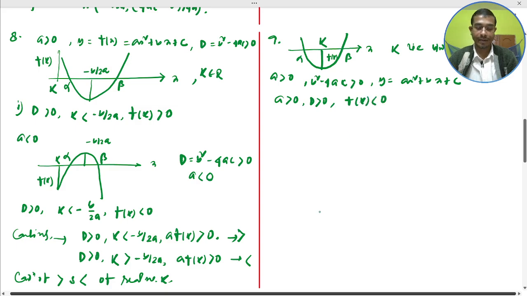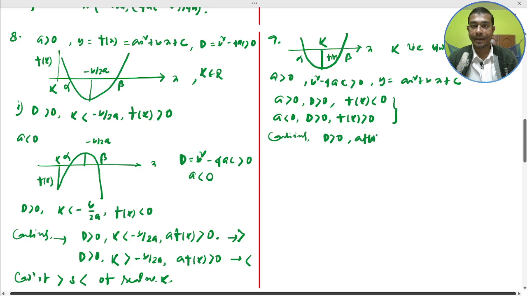This is another, and for a less than 0, the D must be positive here and f(k) should be positive. These are two conditions, and combining them, D positive and a f(k) must be negative. This is the combined relation for k lying between the two roots.